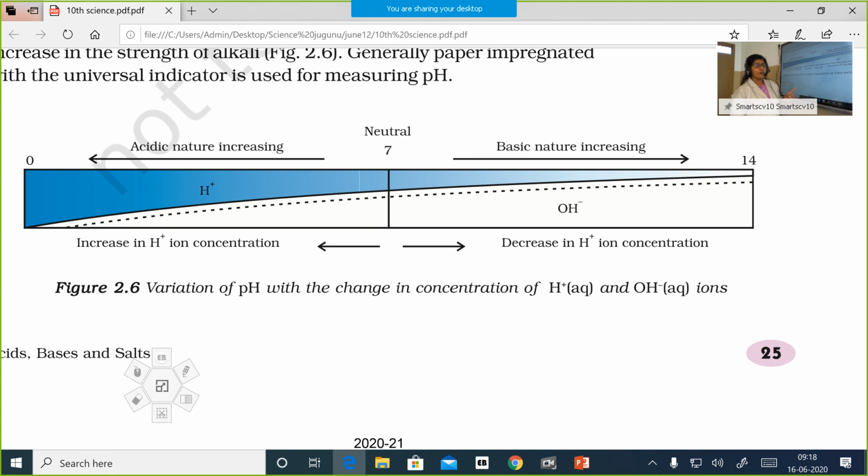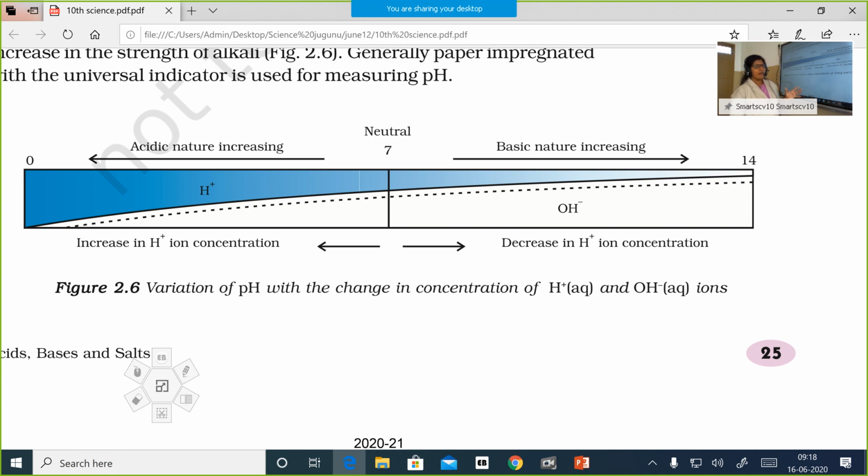Now why is it considered the strongest base? Look at the area which is not marked in blue, the area which is not shaded. That's the area which represents which ion? OH minus ion. The solution with pH value 14 has the highest concentration of OH minus ions.